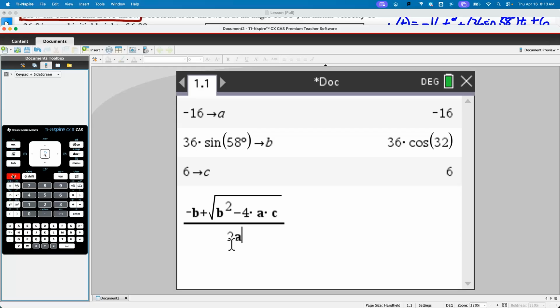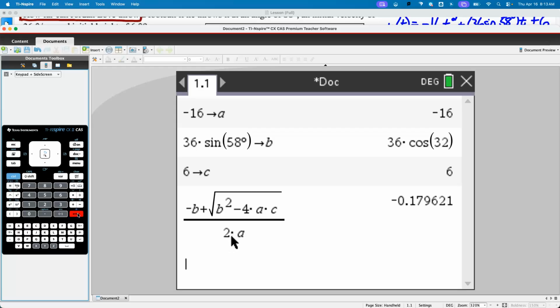Now, when I go to hit enter, I get that for a t. What's wrong with that t? Why is that bad? Exactly, that's a good question.